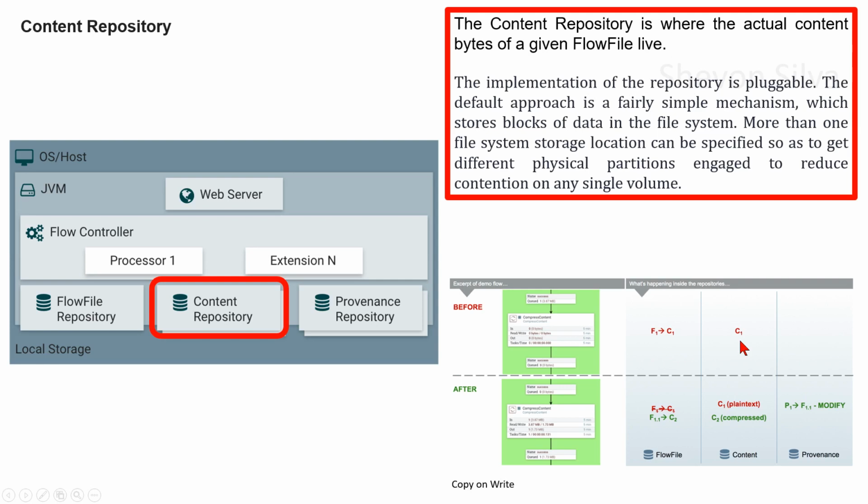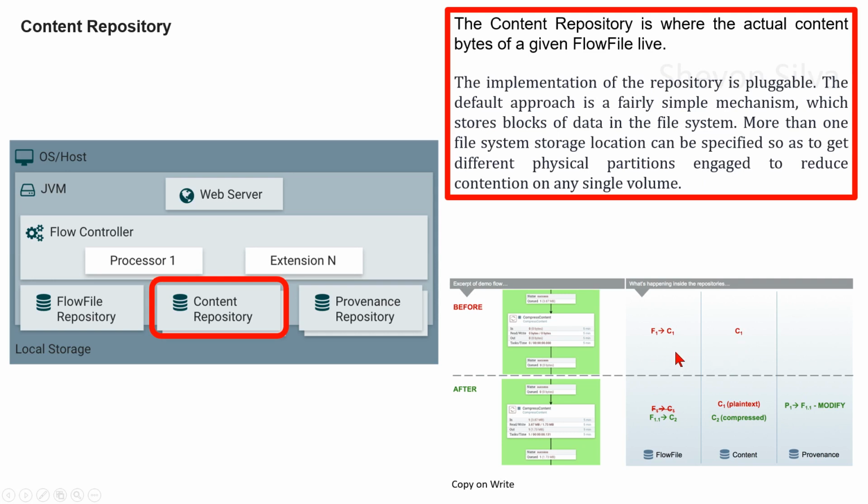In order to modify C1, we do a copy on write, which we accomplish by modifying the content as it is copied to a new location within the content repository.